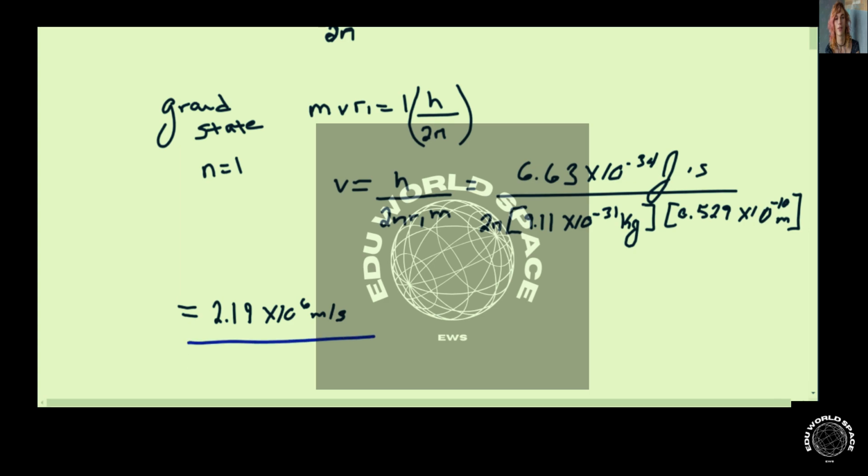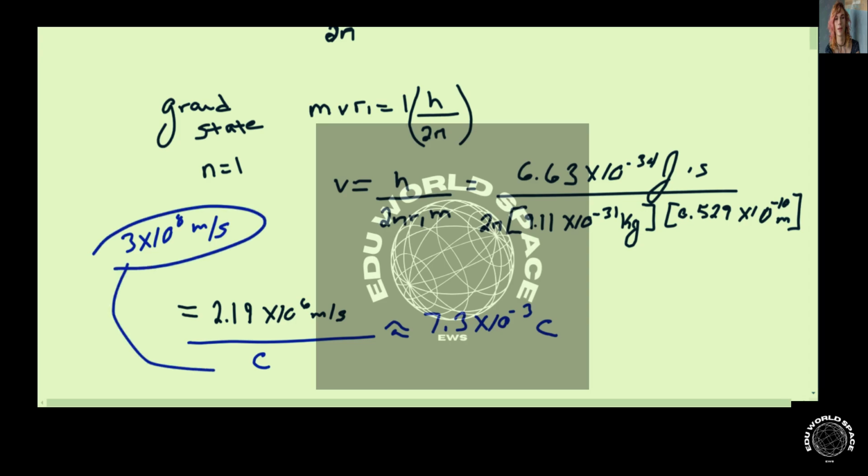So we're going to divide this by your c, the speed of light, and we're going to get 7.3 times 10 to the negative 3 c. And your c is going to be 3 times 10 to the 8 meters per second. Okay, so that's your c, if you haven't memorized that yet.